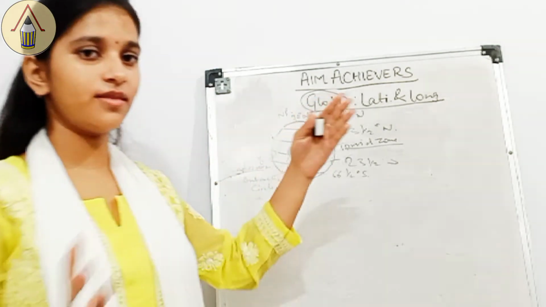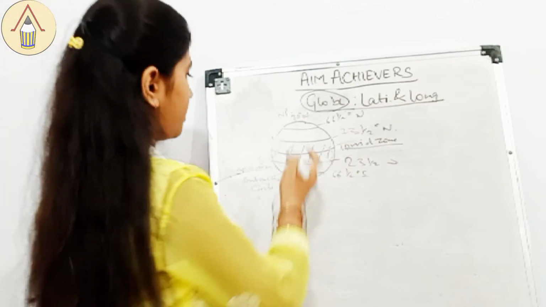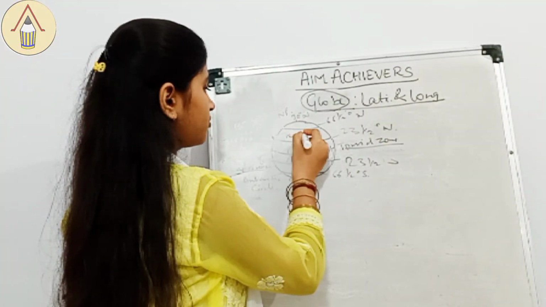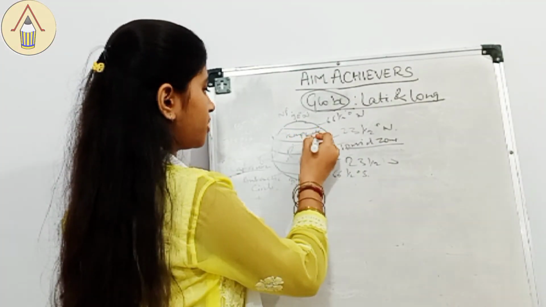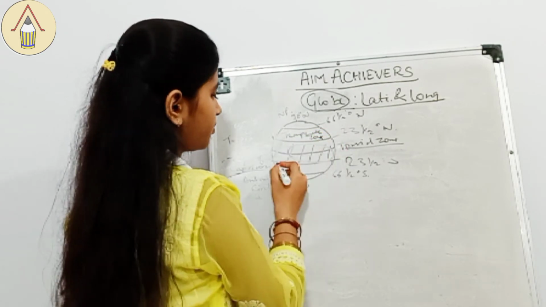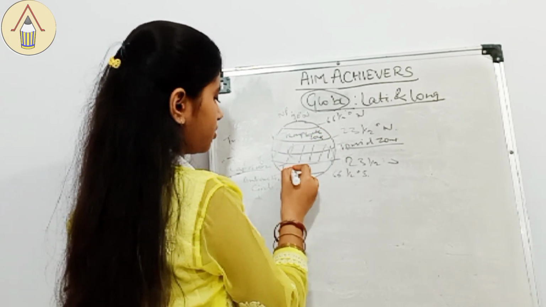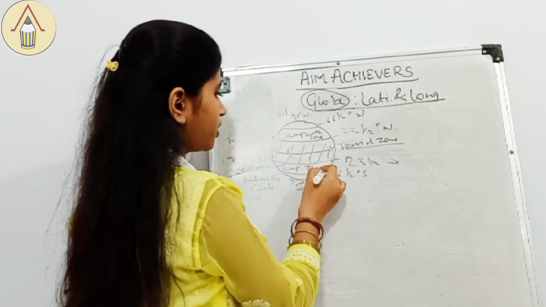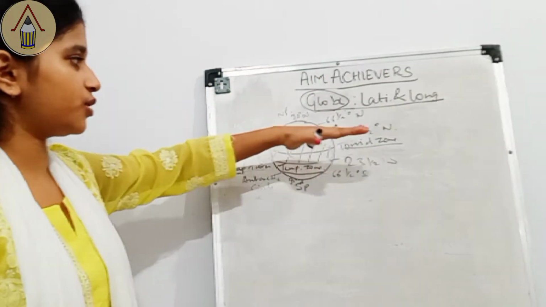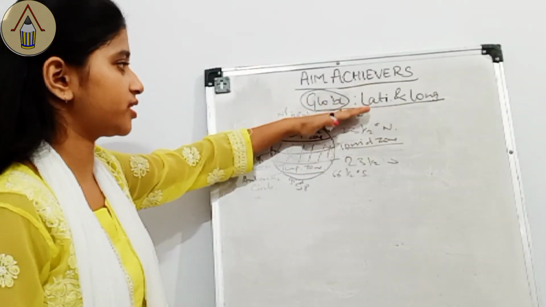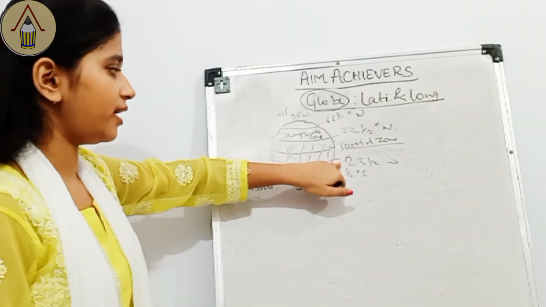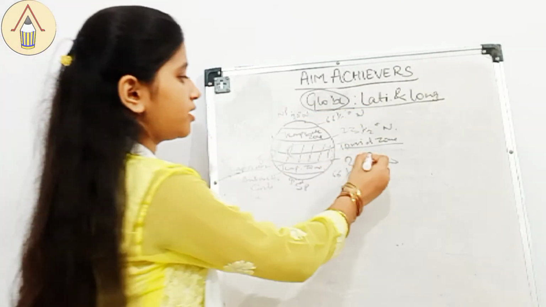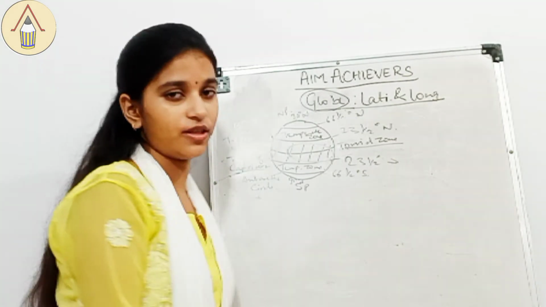Okay. Next comes a little cooler region, that is temperate zone, north temperate zone and south temperate zone, which lies between 23.5 degree north to 66.5 degree north, and in the south 23.5 degree south to 66.5 degree south.